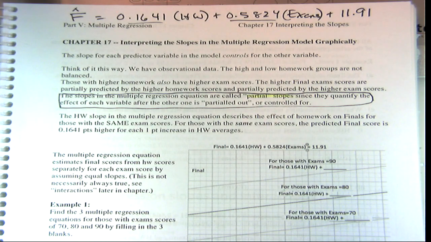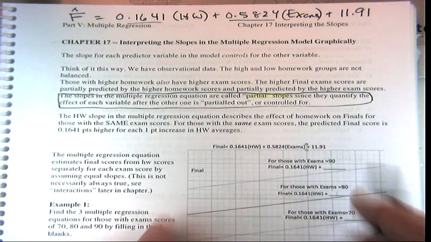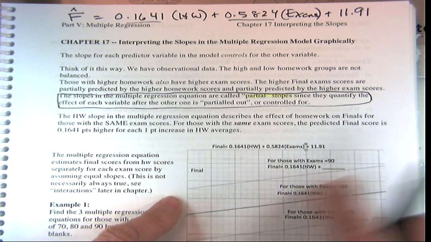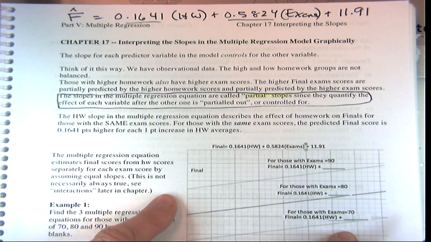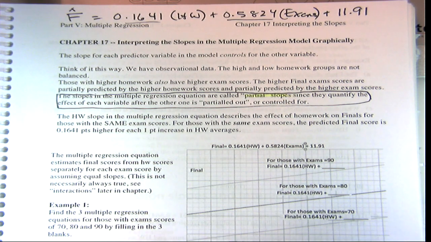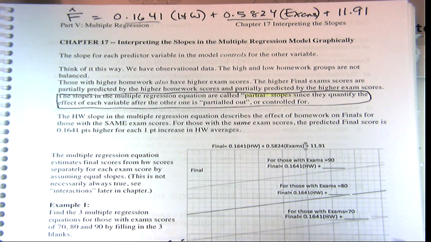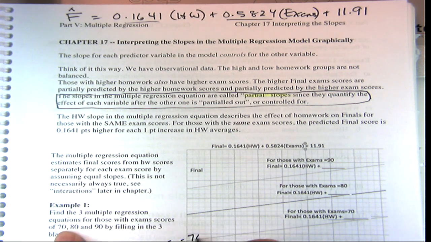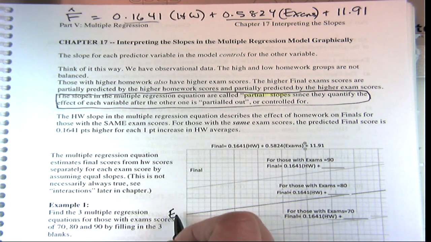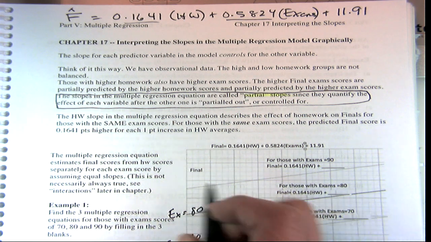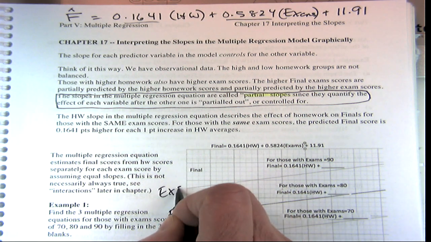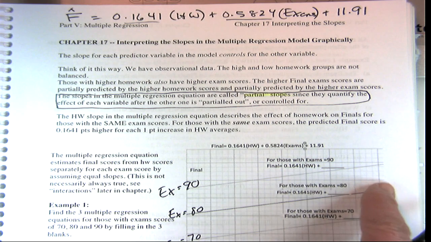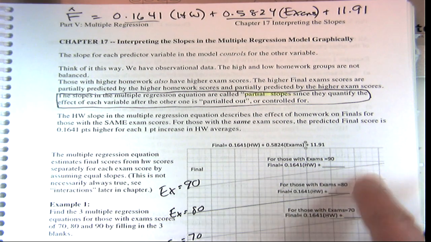Now these 3 lines are for people who have exam scores equal to 70, that's the lowest, exam scores equal to 80, and exam scores equal to 90. And then we're going to see what these equations are.